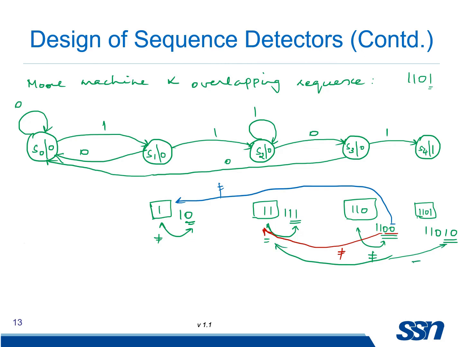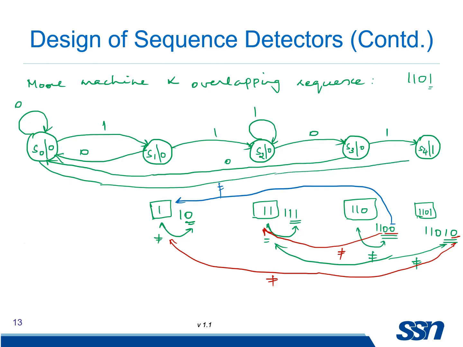This is not equal. So we move on to compare the single bit. That is also not equal. So for input condition 0, we will move to the initial state. Okay.